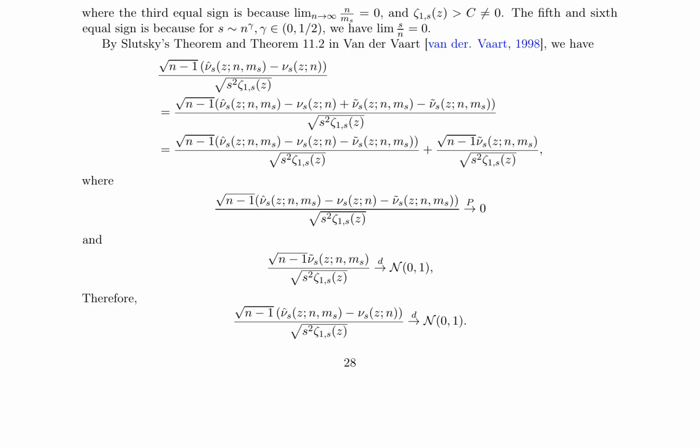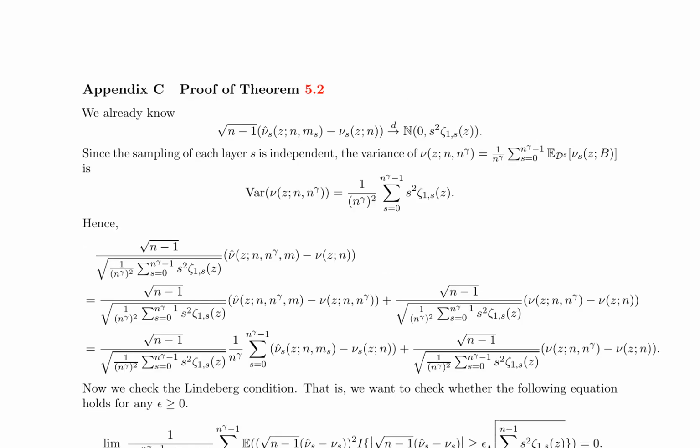Consequently, the centered and scaled estimator converges in distribution to a standard normal random variable as n tends to infinity. Theorem 5.2 is proven by establishing the convergence of a statistical quantity to a normal distribution.